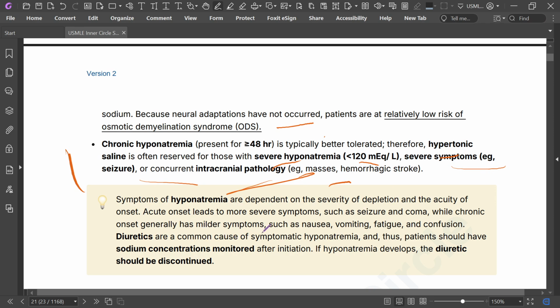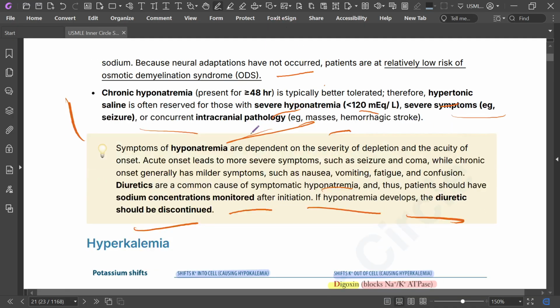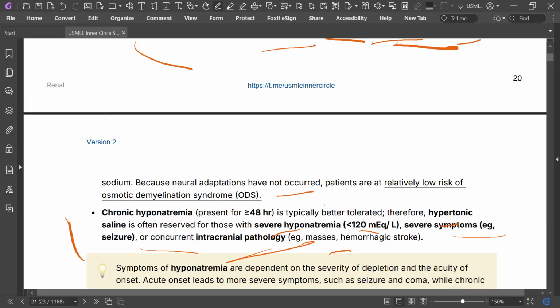Diuretics are a common cause of symptomatic hyponatremia. Thus, patients should have sodium concentration monitored after initiation. If hyponatremia develops, diuretics should be discontinued. So that is all about hypo and hypernatremia. Hope you enjoyed.